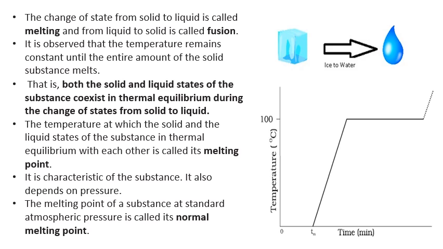The temperature at which the solid and liquid states of a substance are in thermal equilibrium with each other is called its melting point. It is a characteristic of the substance which also depends on the pressure. At standard atmospheric pressure, it is called normal melting point.